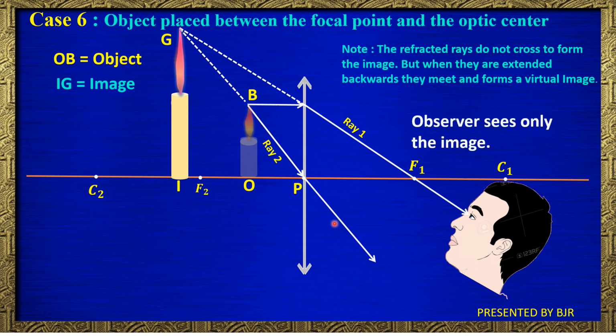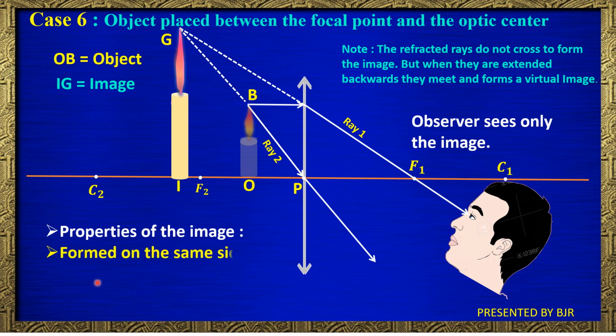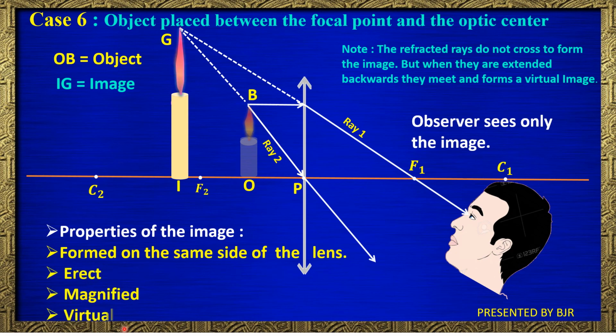So I_g is the image, and the observer sees only this image, as I have just told you. So here are the properties of the image formed. Location: it is formed on the same side of the lens, you see here. And erect, this image is the erect image.